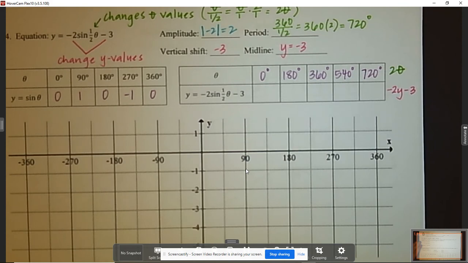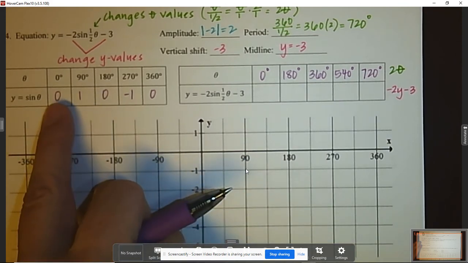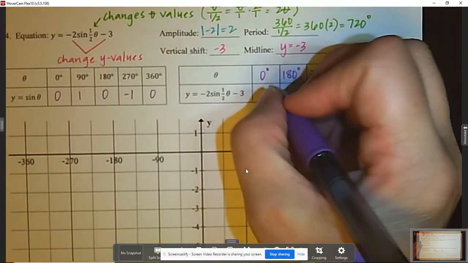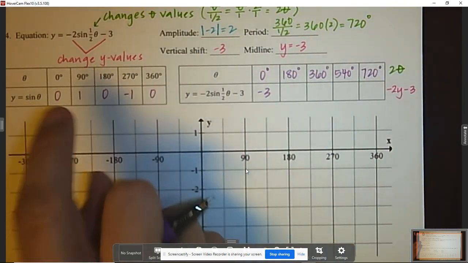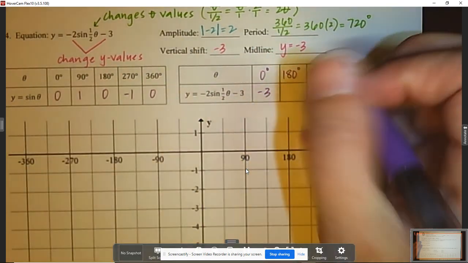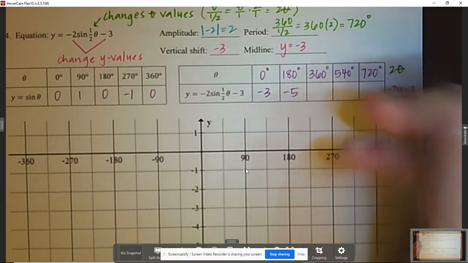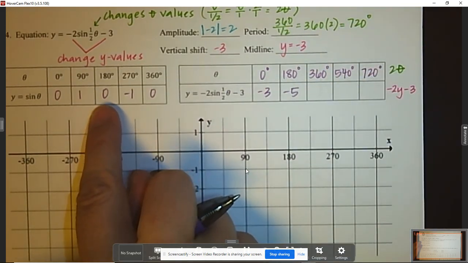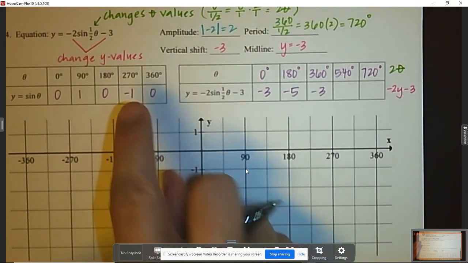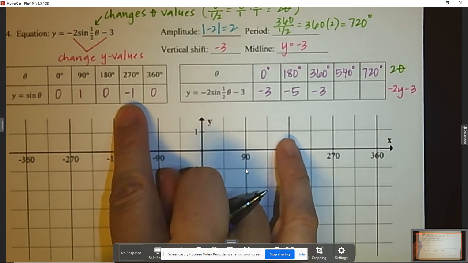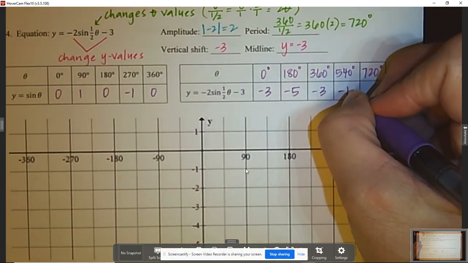Now my y's, I'm going to multiply by -2 and then subtract 3. So that one's going to be -3. That would be -2 minus 3, so -5. 0 times -2 is 0 minus 3. -1 times -2 is 2 minus 3 is -1.